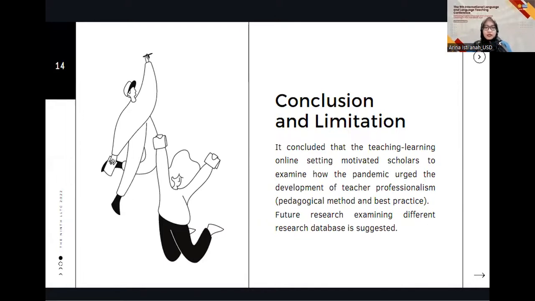And the research trends on pedagogical method and best practice in an online setting dominated the publications in the Scopus database from 2020 to 2022. Since my paper limited the data to the Scopus database, further research is invited to compare the present research to different publications, such as those in Web of Science and Google Scholar.